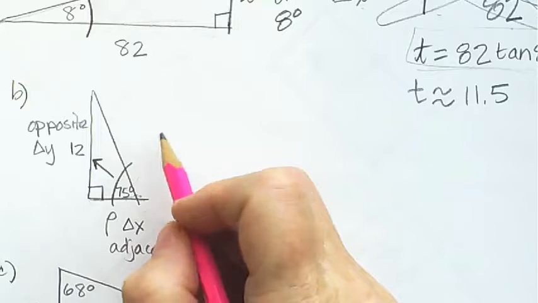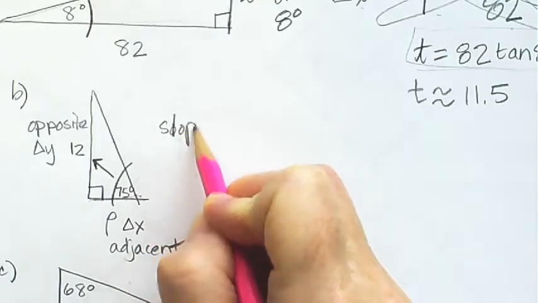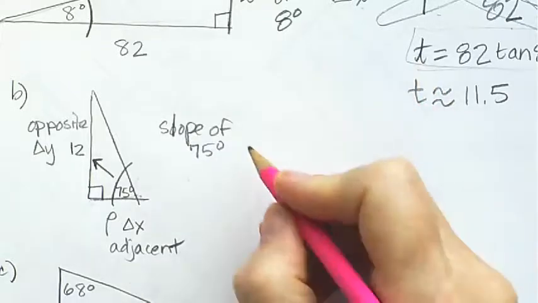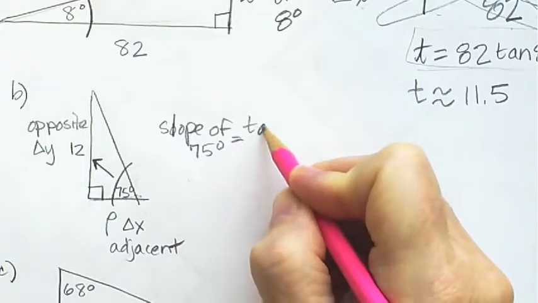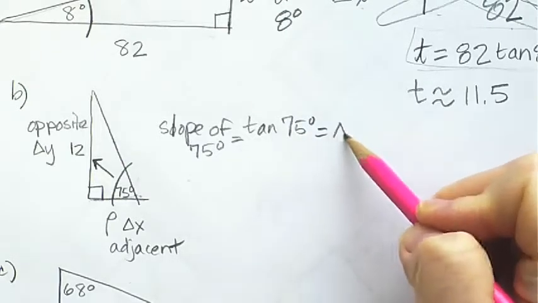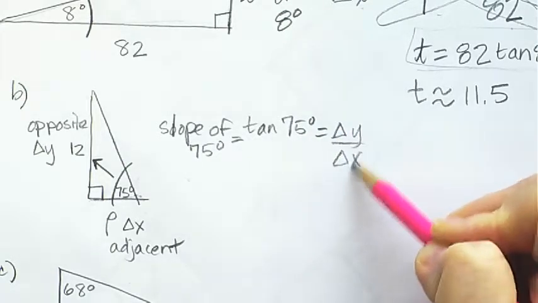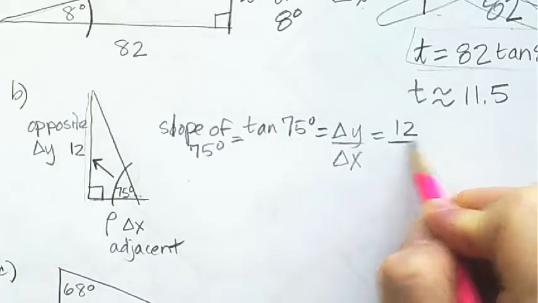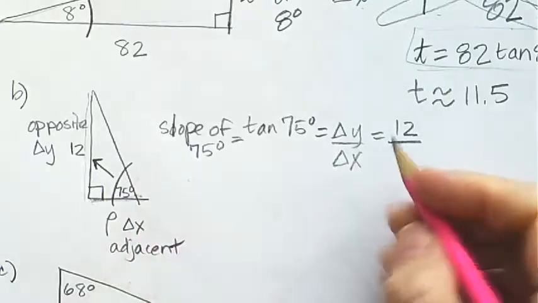So that's going to be the slope of 75 degrees, which is the tangent of 75 degrees, is going to be my change in y over my change in x. So in this case, that's going to be 12 over p.